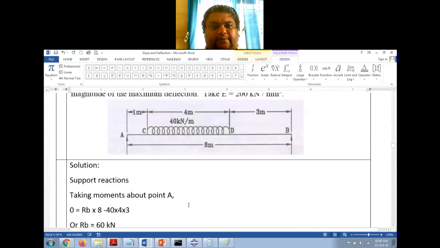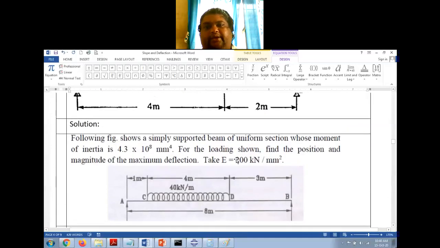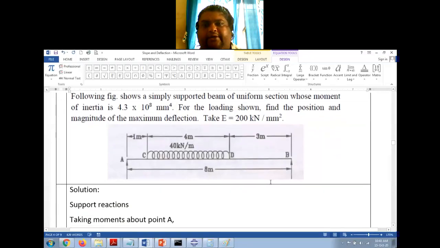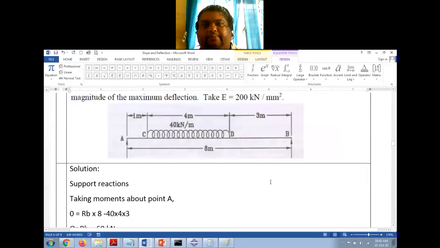What is E? E is 200 kilonewton per millimeter square, right? Or 200 kPa, or it will be 200 into 10 raised to 3 Newton per mm square, which will be megapascal, right? So I need it in kPa.